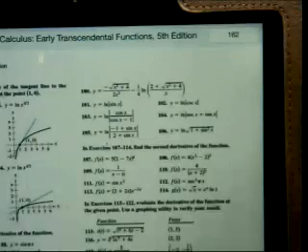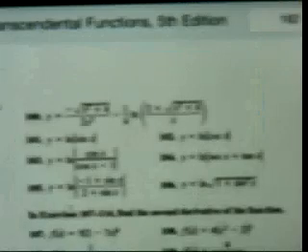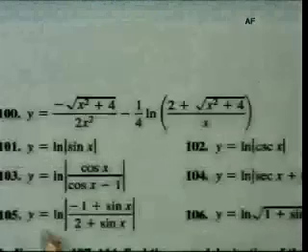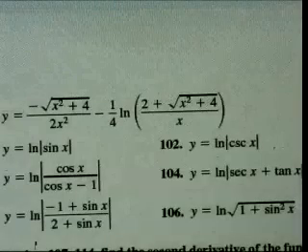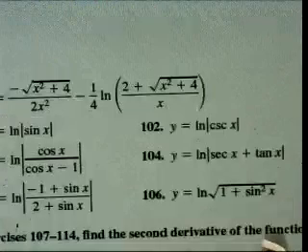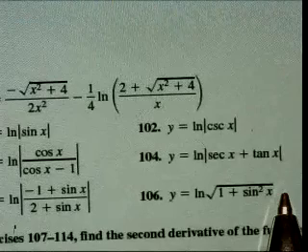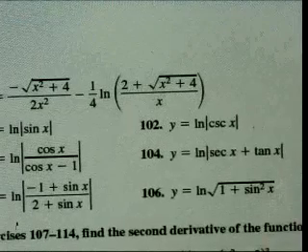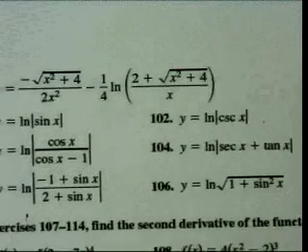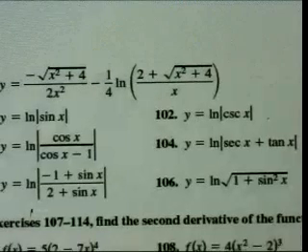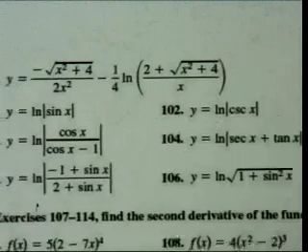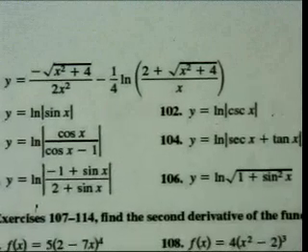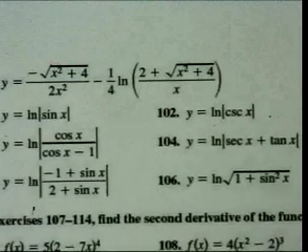103, 104, and 105, they're all ugly because they have cosines and sines and natural logs of secants and tangents. I actually did 104 on yesterday's video if you want to see it. But what I say in the video about those 3 problems is that the absolute values don't affect the derivative at all. You can play like they're not there or play like they're parentheses and you'll still get the same answer.